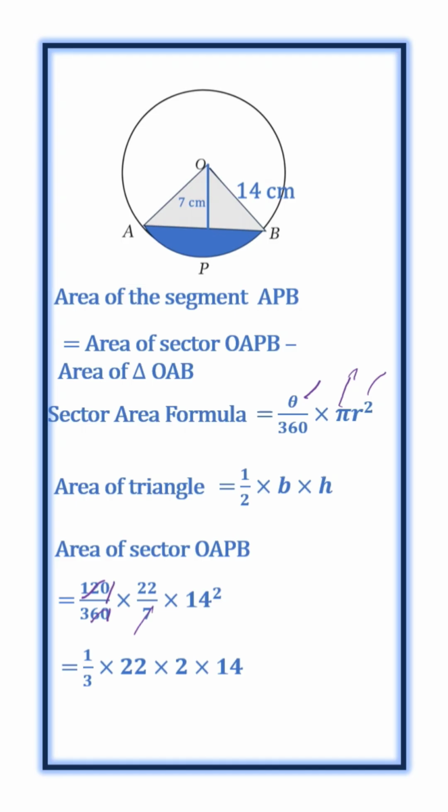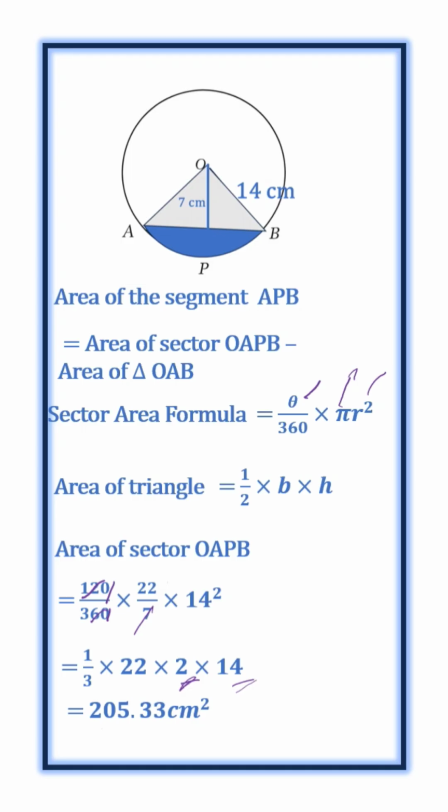In the denominator, 7 gets cancelled into 14. Here 22. That is equal to 205.33 centimeter square.